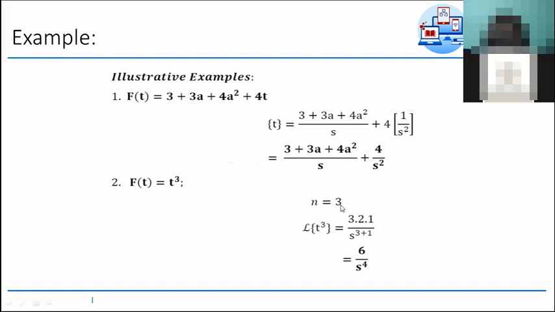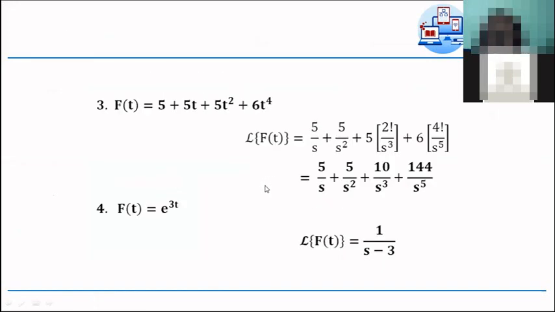So the Laplace transform of t raised to 3 is equal to n factorial all over s raised to n plus 1. 3 factorial means 3 times 2 times 1 all over s raised to 3 plus 1. So 3 factorial is equal to 6, and 3 plus 1 gives s raised to 4.